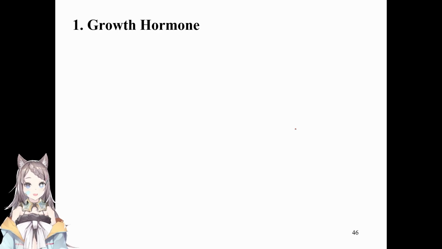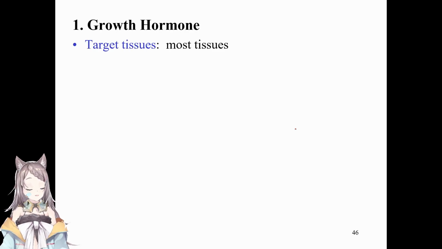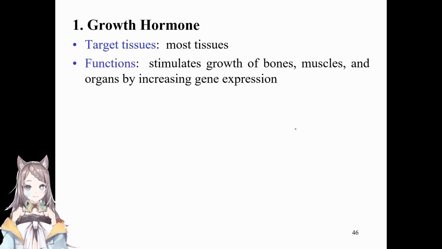So let's talk about each type of hormone. First, you have your growth hormone. Its target tissues is smooth tissues. What do you think it does? Correct. It promotes growth. So it stimulates growth of bones, muscles, and organs by increasing gene expression. Okay?